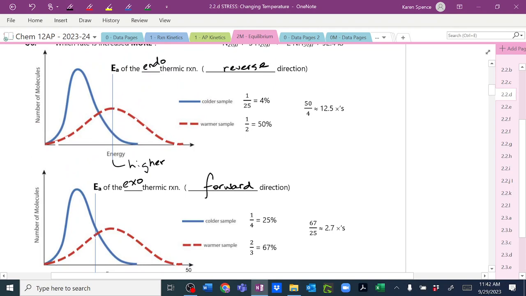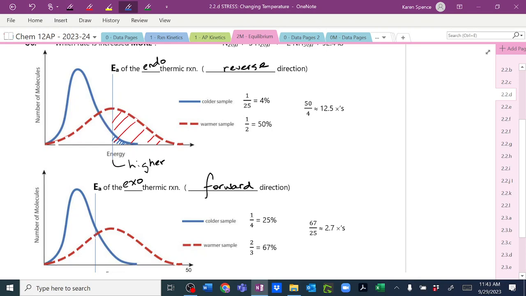But I picked these values because at my higher temperature, you can see that I have about 50% that is able to react, whereas I only have that percent. The colder sample is much, much less.